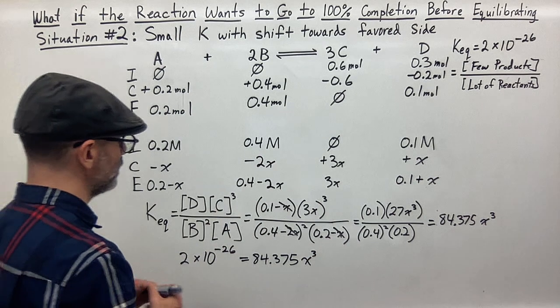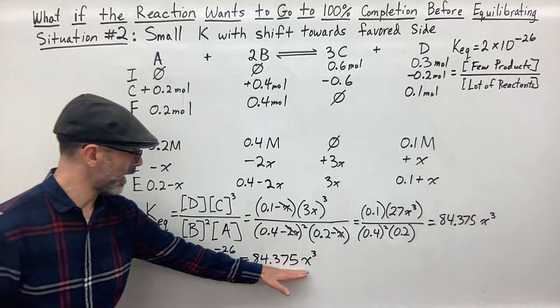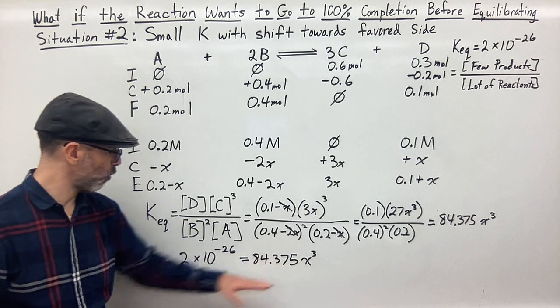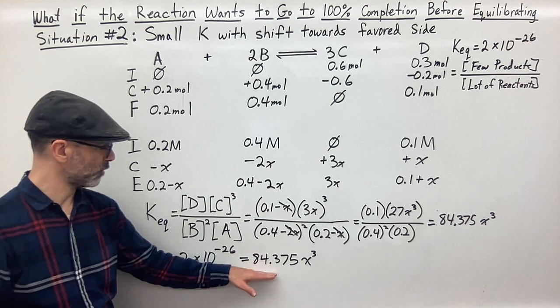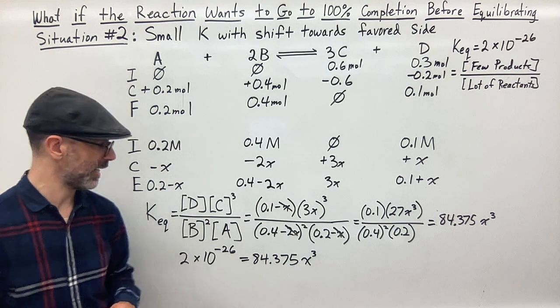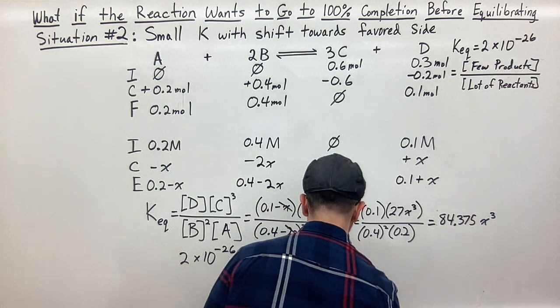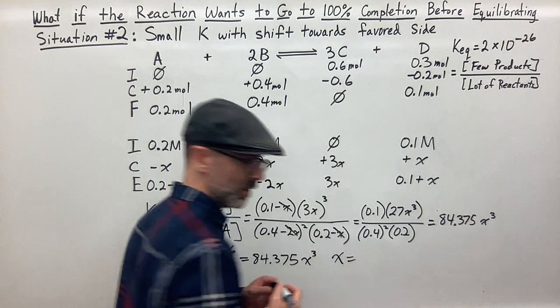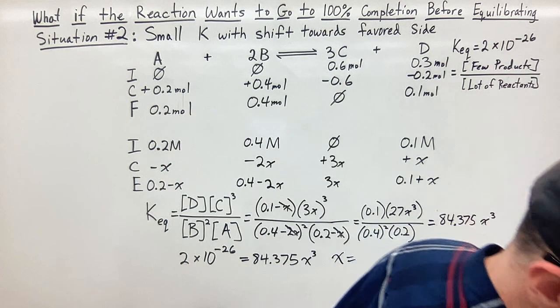And now I can easily, on my calculator, divide both sides by 84.375, and then take the cube root of both sides, and I get x.